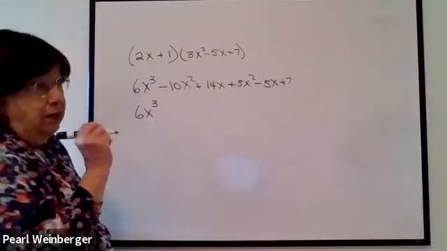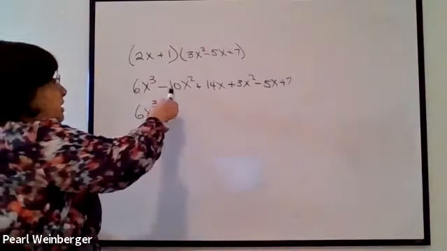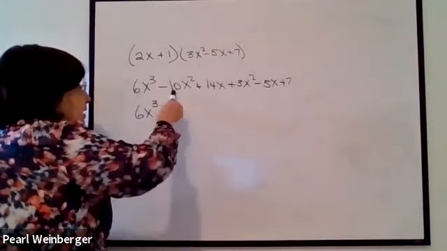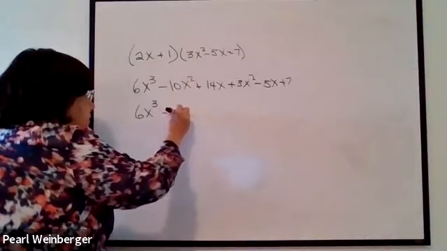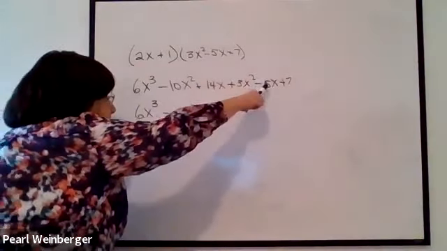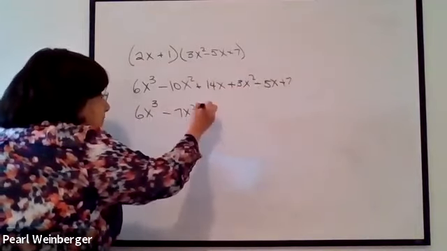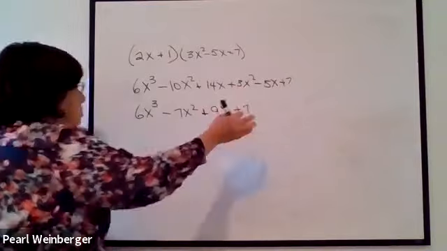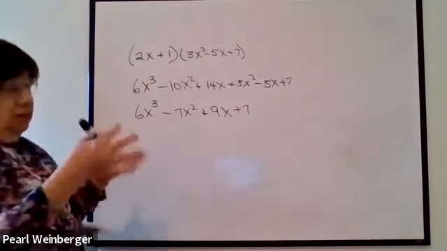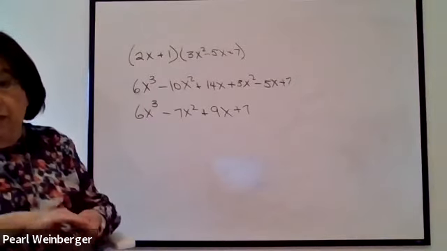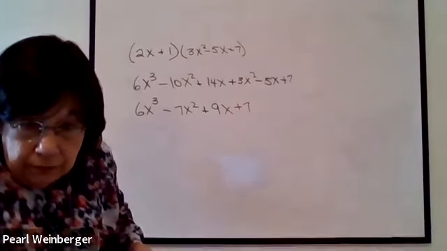Remember, when I'm combining like terms, I just work with the coefficients, the numbers in front. Negative 10 and 3 gives me negative 7x squared. Then I have a 14x and a minus 5x, and 14 minus 5 is 9, so this is 9x plus 7. So it turns out my final answer doesn't have 6 terms, it happens to have 4 terms because of combining the like terms.